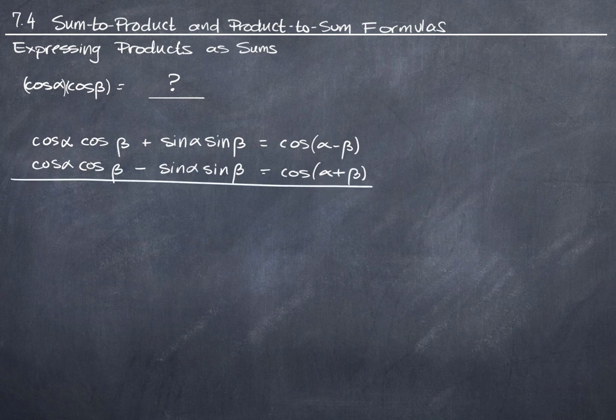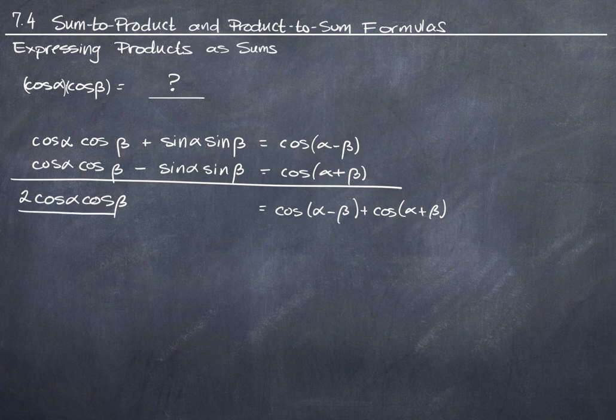If I then add these two together, I get two copies of cosine alpha cosine beta, 2 cosine alpha cosine beta, but the plus sine alpha sine beta and minus sine alpha sine beta cancel each other out. And I get here cosine alpha minus beta plus cosine alpha plus beta.